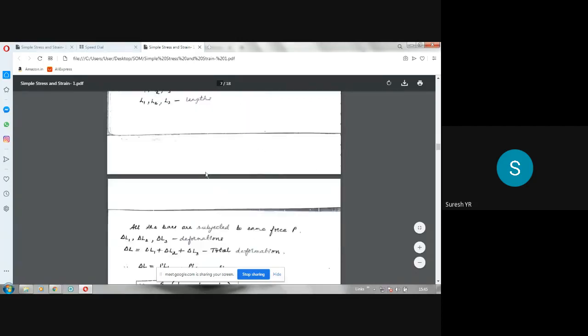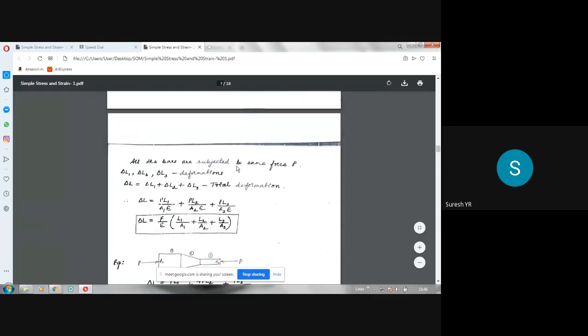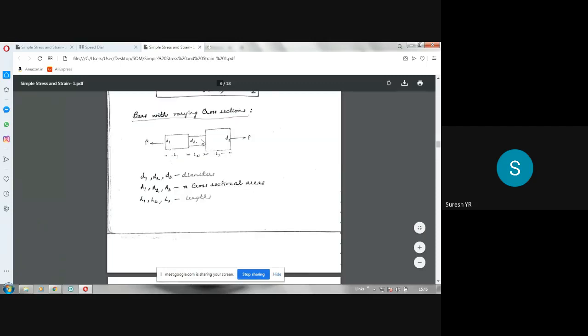Now, in such a case, how do we find the total deformation? See here, all the bars are subjected to the same force P. If I call this 1, this 2, this 3, all three portions of the bar are subjected to the same force P. Lengths are different, areas are different, but the force is the same, and of course the E value also is the same.